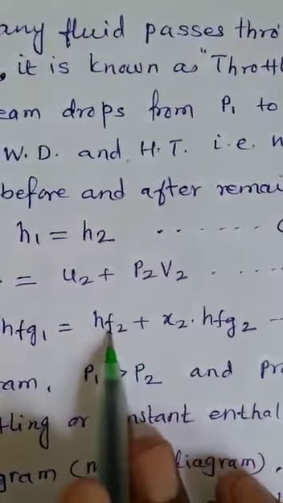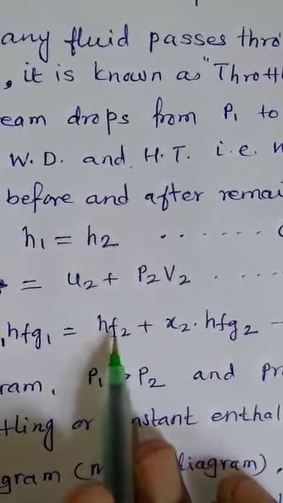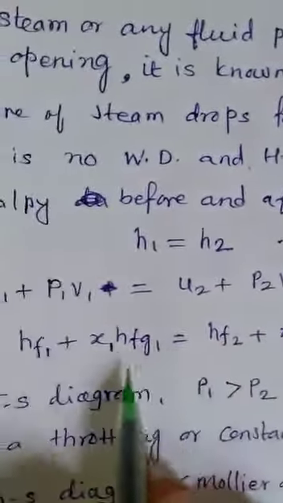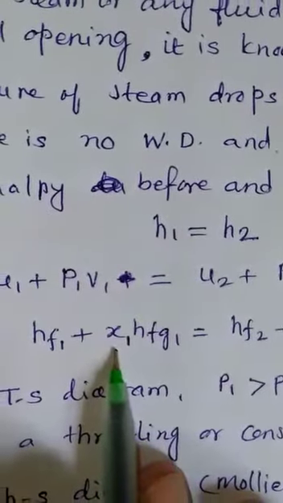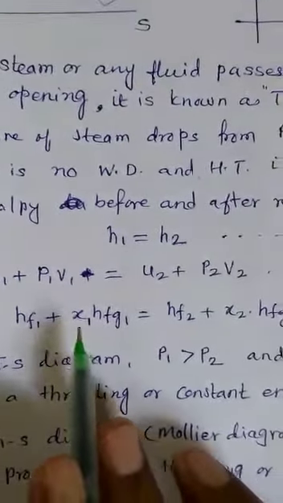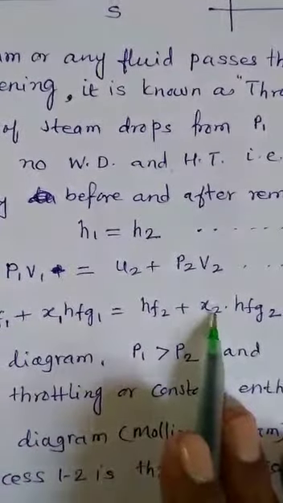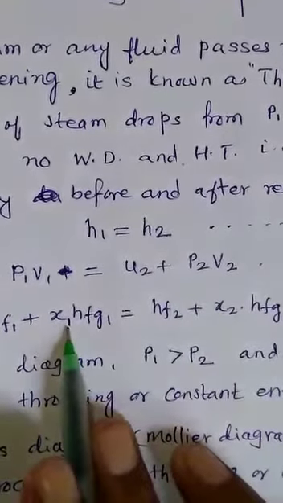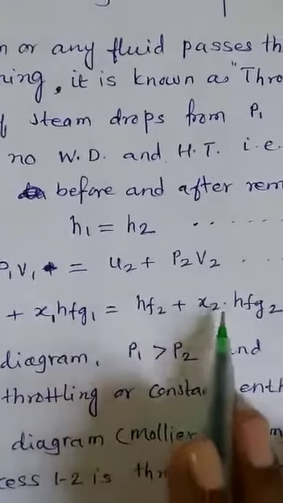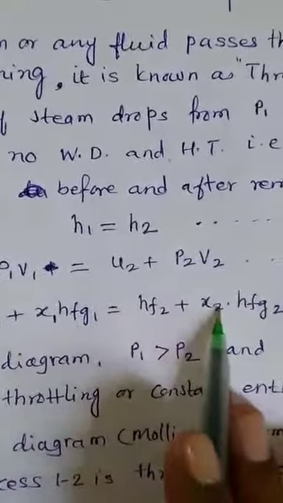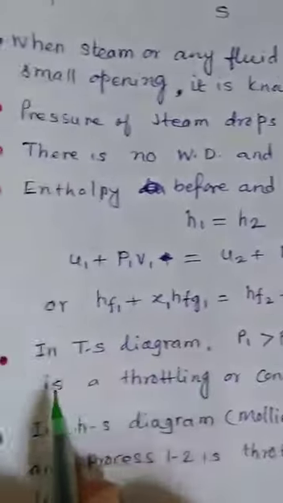So this equation will become Hf2 plus Hfg2. In that case, you can find out X1. Or if X1 is given, you can find out X2. But remember, X1 will be say 0.2, so X2 will be more than 0.2. If X1 is 0.5, X2 will be more than 0.5.